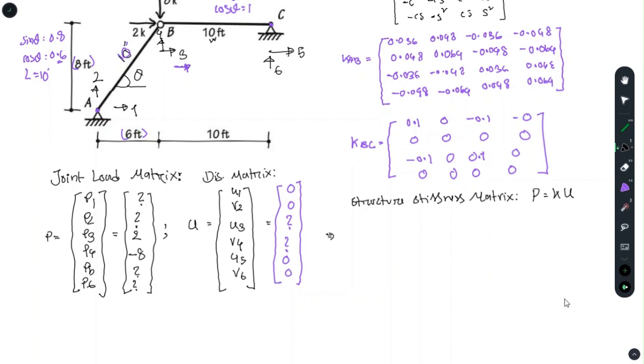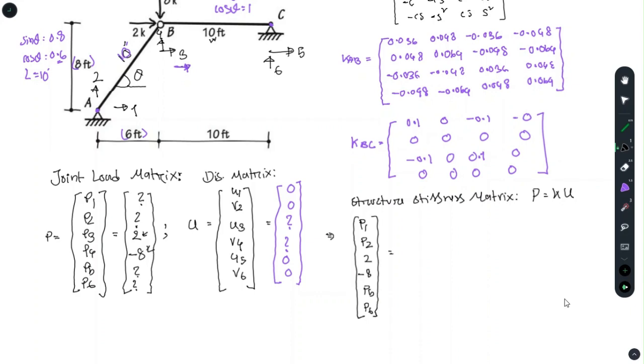So if you look carefully, we have a joint load matrix, and for that we have six entries in a single column. So the matrix is p1, p2, and we know the value of p3, which is 2. We know the value of p4, which is minus 8. We don't know the value of p5 and p6. So this is our p matrix.